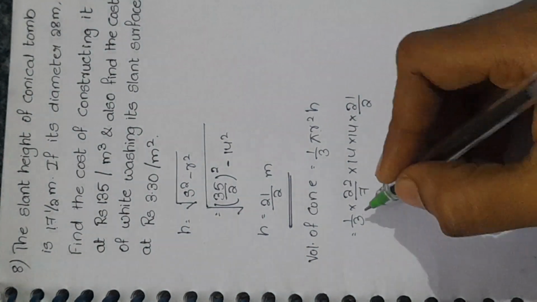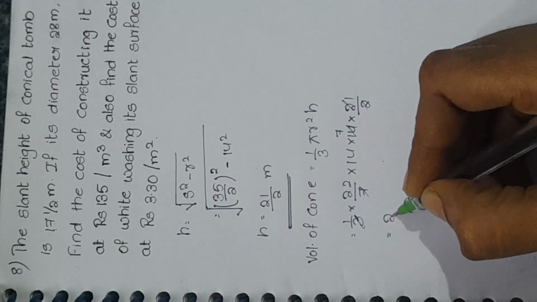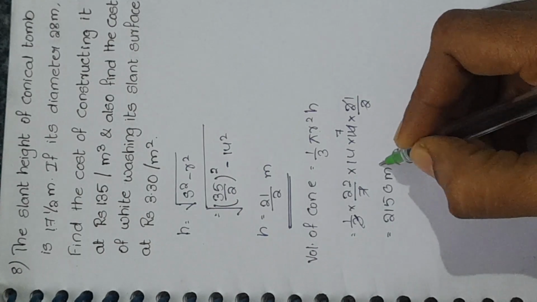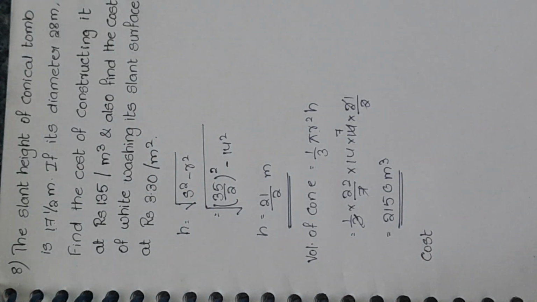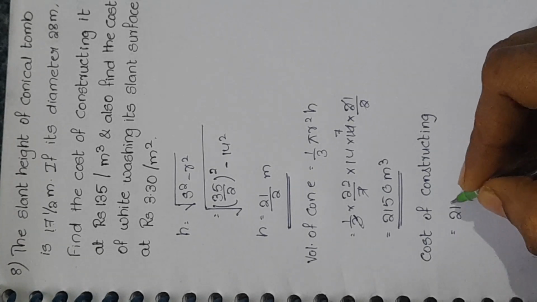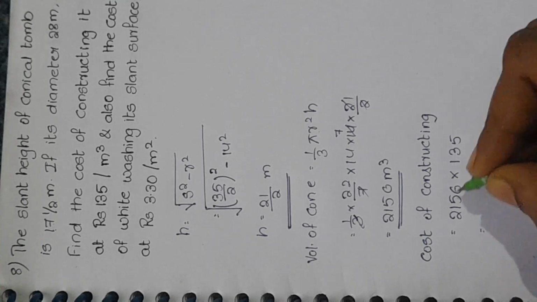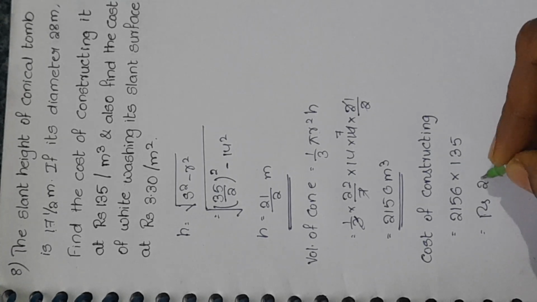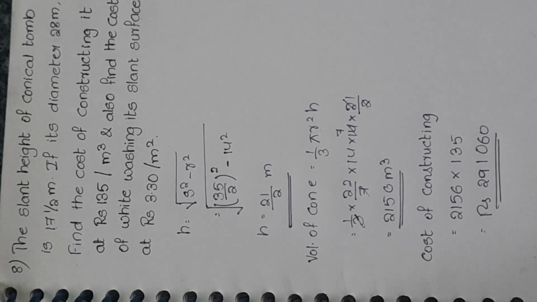Cancelling 3 7s 21, 2 7s, which is equal to 2156 meter cube, the volume of the cone. Cost of constructing is 2156 into 135 rupees. On multiplication we get 291060 rupees required to construct the cone.